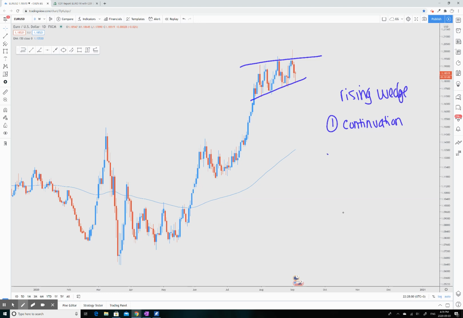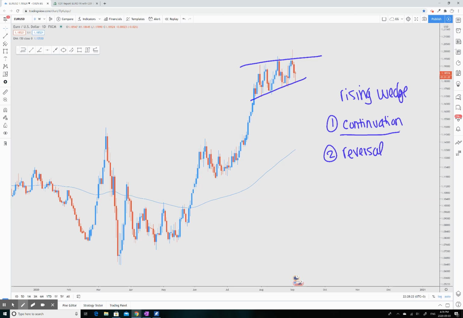However, where it's happening during an uptrend, it's usually indicating a reversal and not a continuation pattern. If we were in a downtrend, we could possibly look at a continuation, but most often we're going to see a reversal.